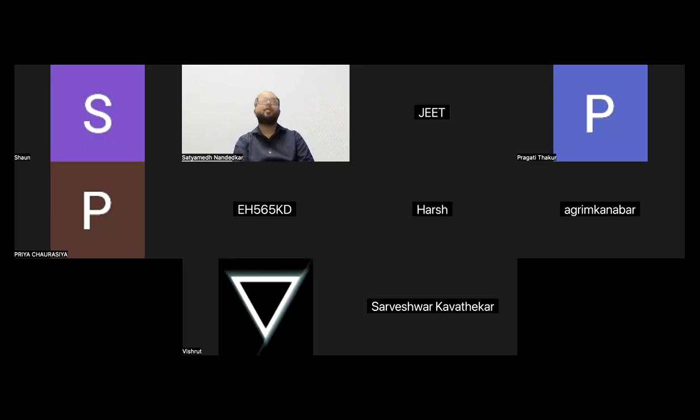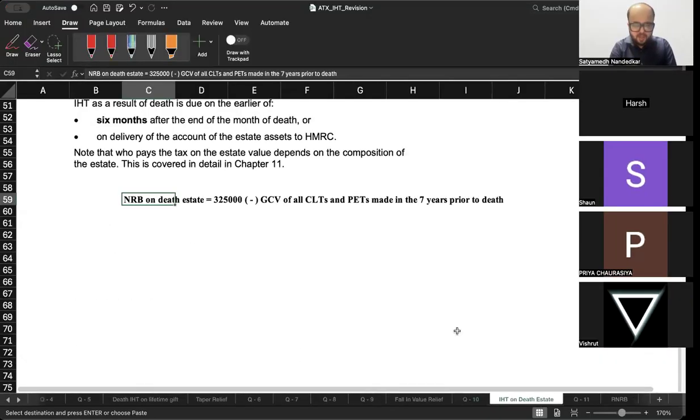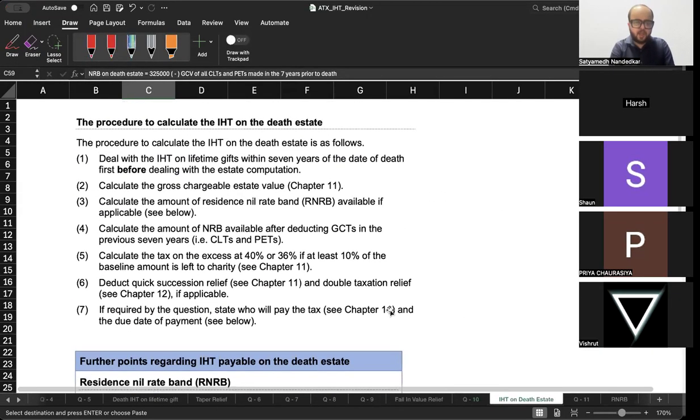Next we will do IHT on death estate. The procedure to calculate IHT on death estate is as follows. Deal with the IHT on lifetime gifts within 7 years of the date of death.